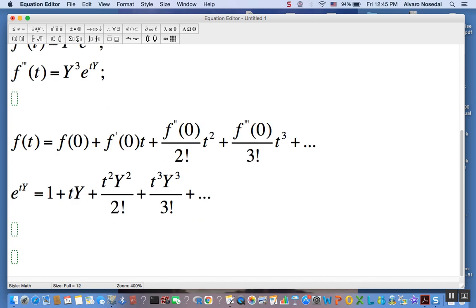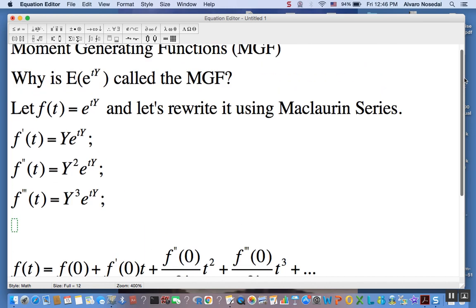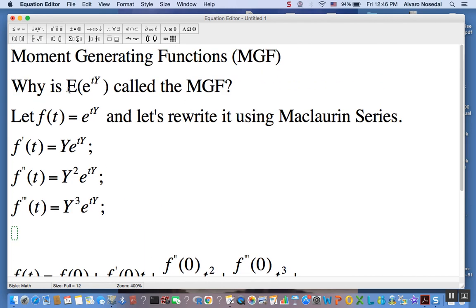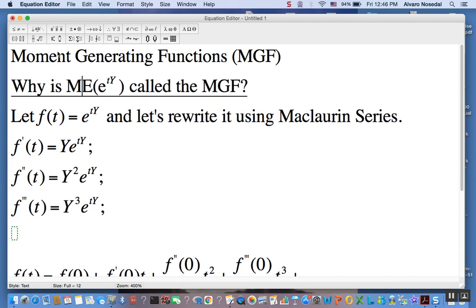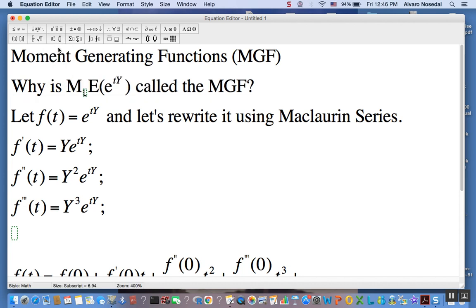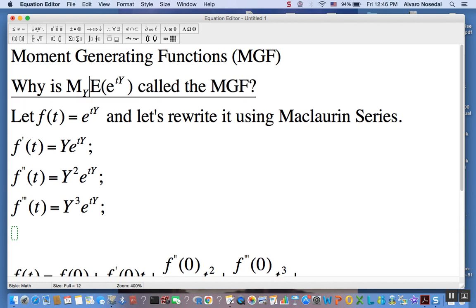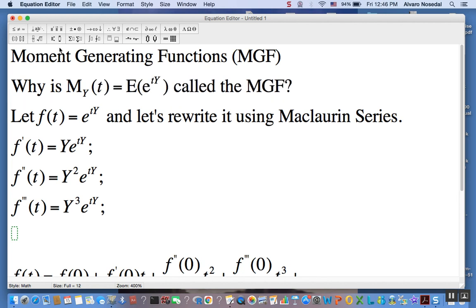Now let's go back to the way an MGF is defined. This is what we call the MGF. Let me use a subscript to be specific that this is the MGF of the random variable y.